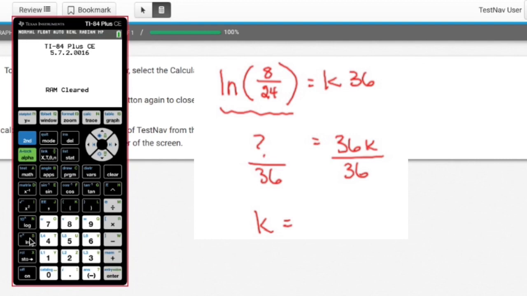Right, ln of, what was it, 8 over 24. So let's type that out. It's going to equal a gross number. Take that number, divide it by 36.